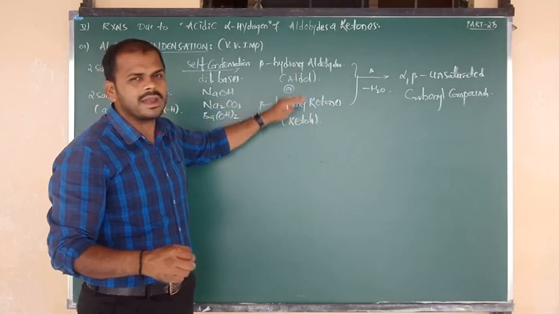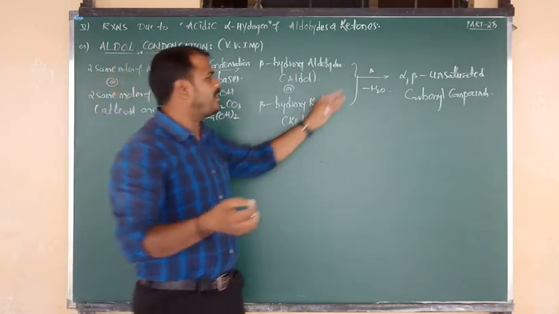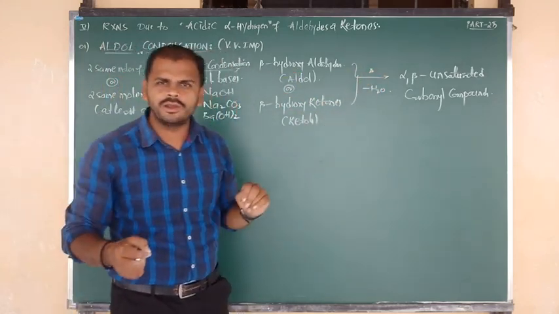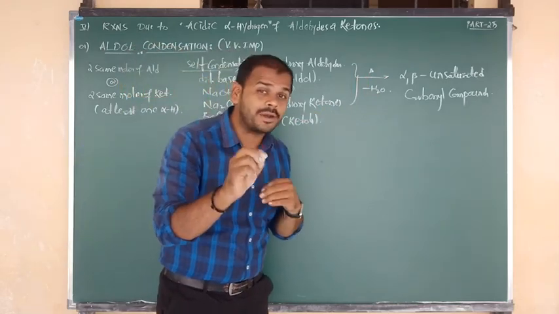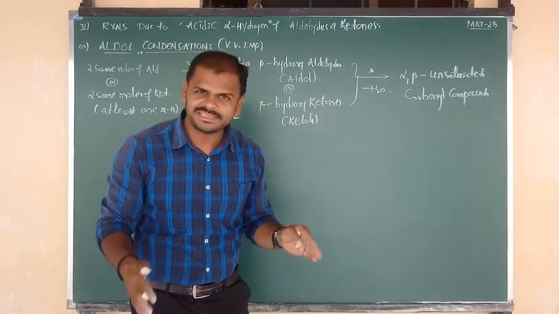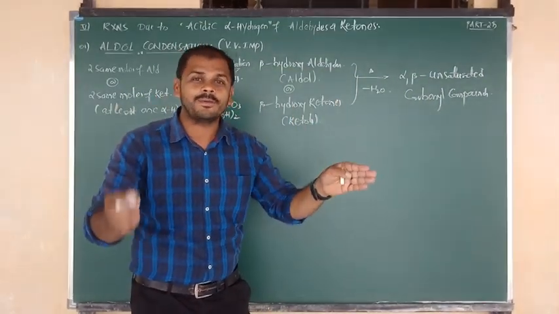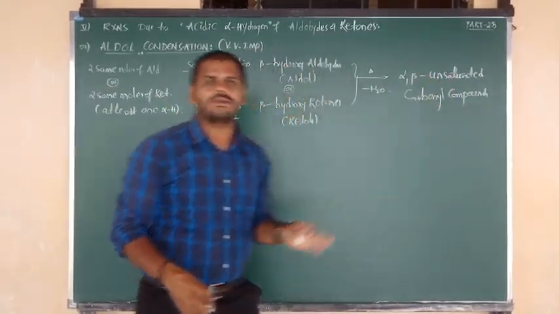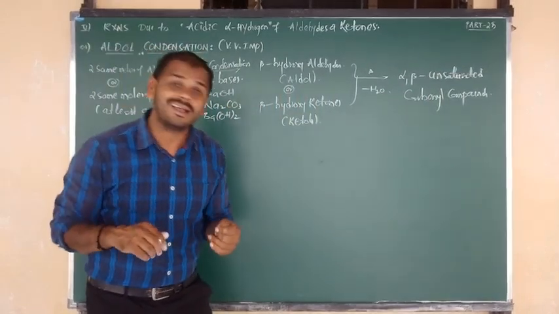Finally, they are in a little bit unstable form. Upon heating they lose the water molecule and change into the final product, alpha beta unsaturated carbonyl compounds. Between alpha carbon and beta carbon you get unsaturation, meaning a double bond is formed.